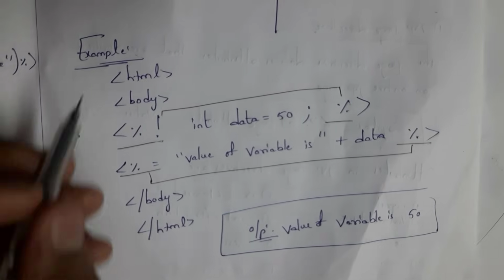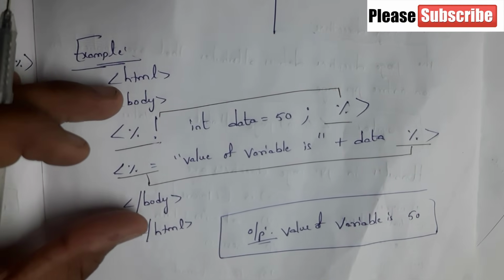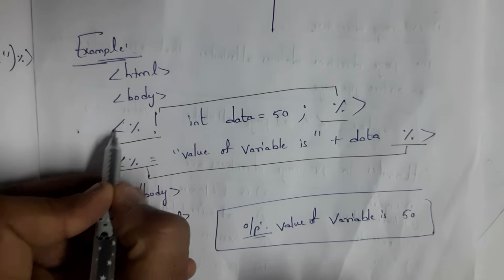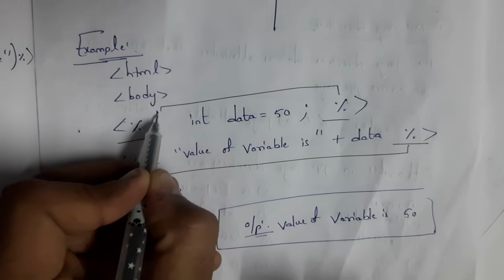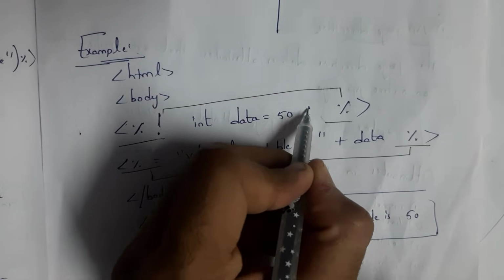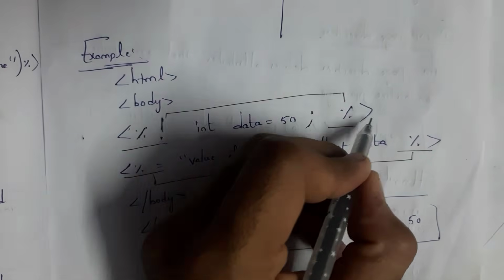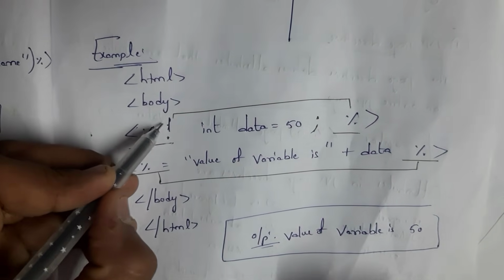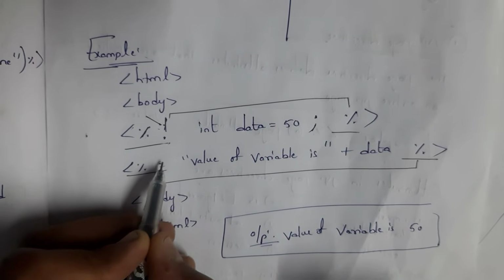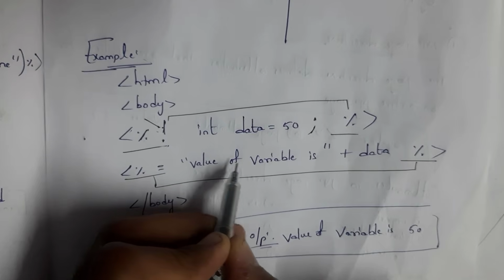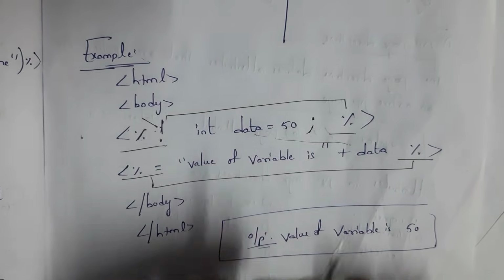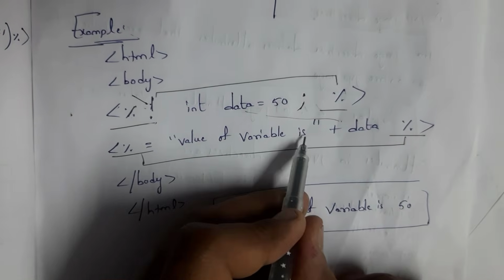This is an example. I opened the HTML tag. Inside the HTML tag I wrote a body tag. Inside the body tag <%! int data = 50; %>. This is the declaration tag which I have given. And similarly <%= "value of variable is " + data %>. So the output is value of variable is data.